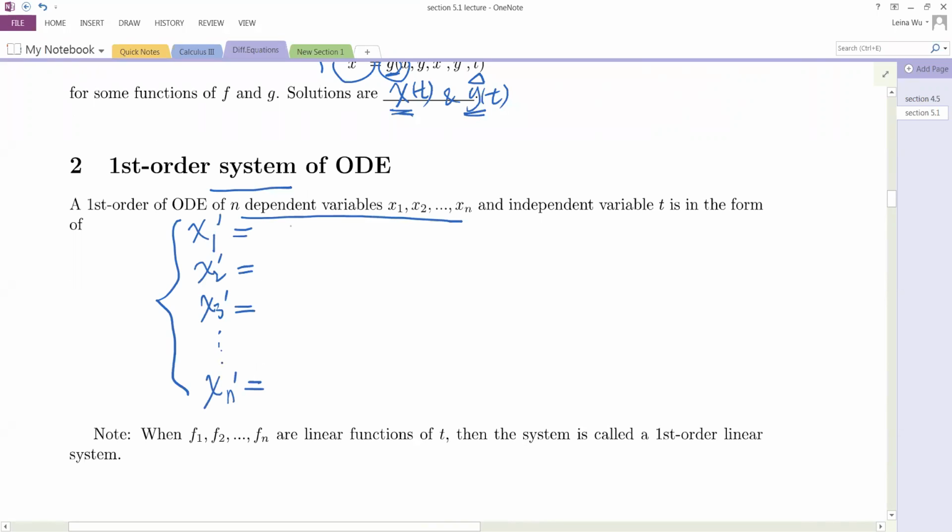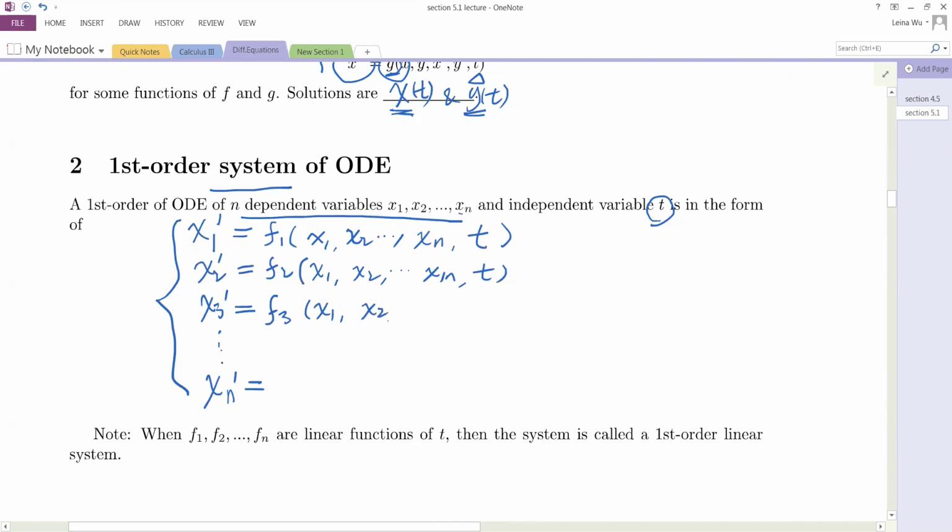The independent variable is t. Each function would be related to all of these variables, x1, x2, to xn, and t. x2 prime will be the same thing, related to all of these variables, and you might see t in it too. x3 prime would be a function of all these dependent variables and the independent variable t.